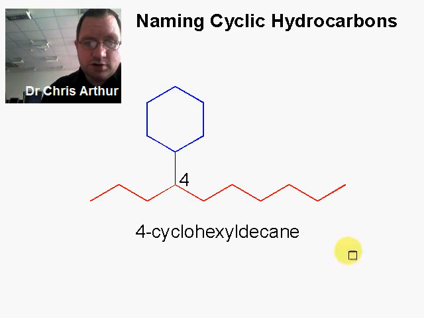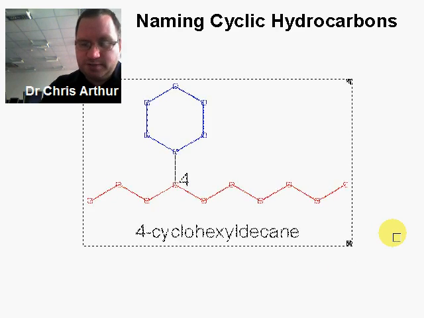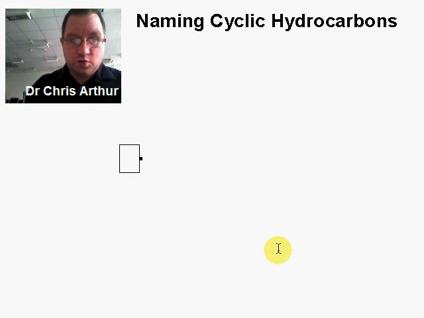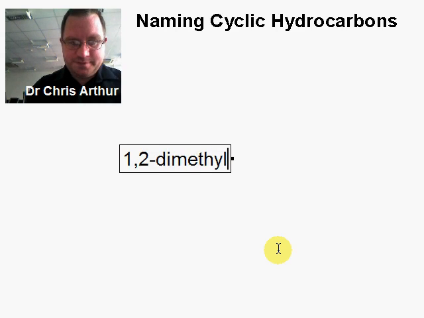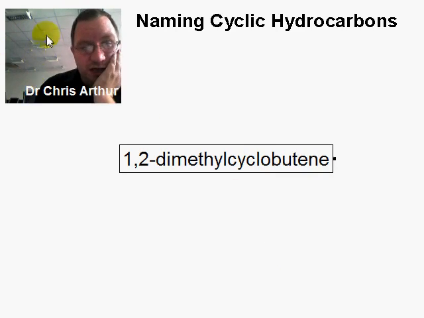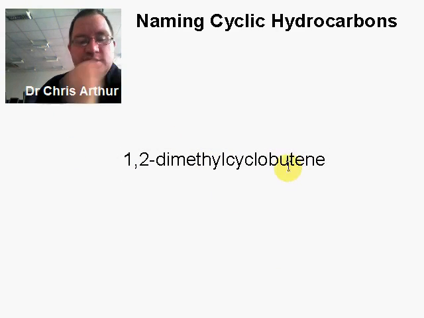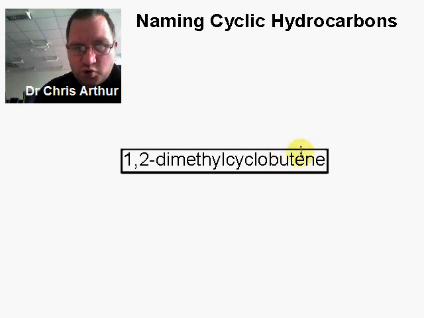Okay, let's go the other way around this time. Let's give ourselves a name. So we'll go 1,2-dimethylcyclobutene. And we'll draw this structure out. So we know that it's butene, so it's a 4 carbon ring.